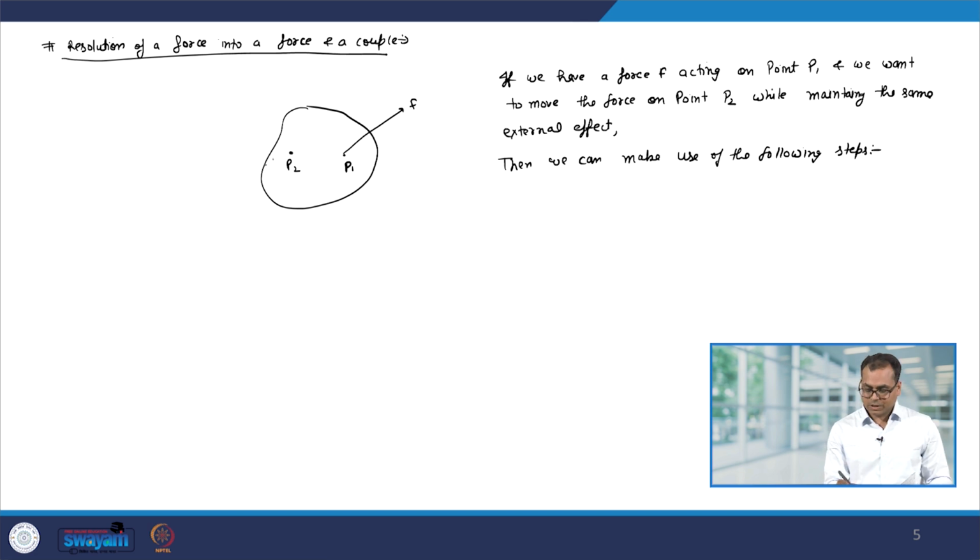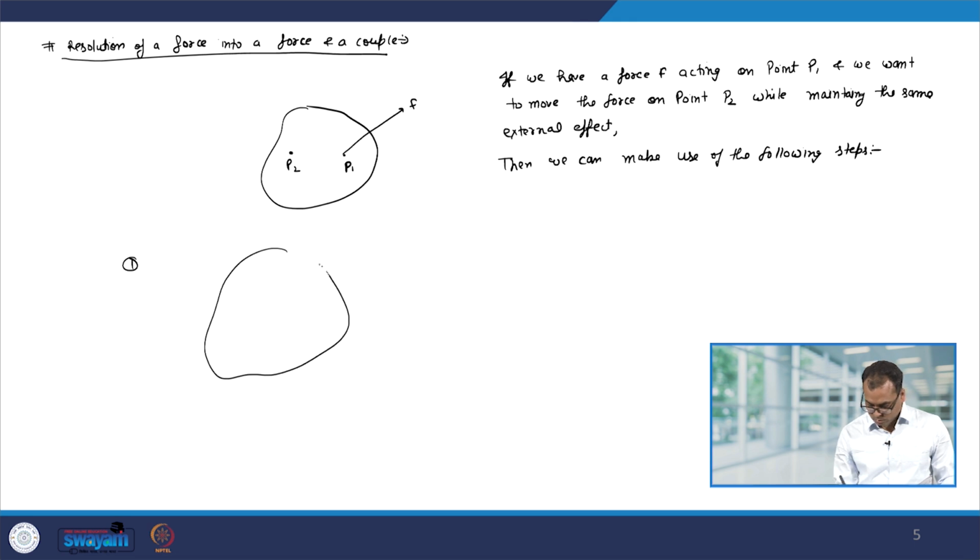So, we have a rigid body, and on this rigid body we have force which is acting at point P1. So, what we can do is at point P2, so this was the original system. At point P2 we can add two equal and opposite forces of magnitude F. Okay.